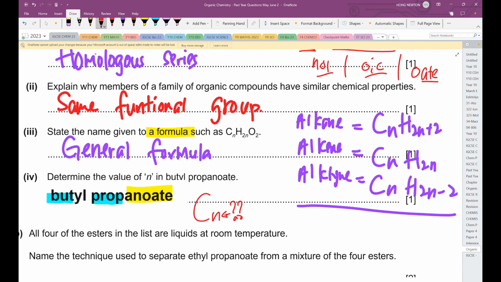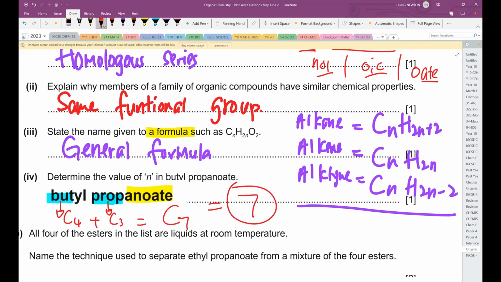So this one is not pronounced as bud, mama eat papaya, but is a but. So this one is equal to 4 carbon. Prop, mama eat papaya, 3 carbon. So you add up together, how many carbon? 7. So the answer is 7.